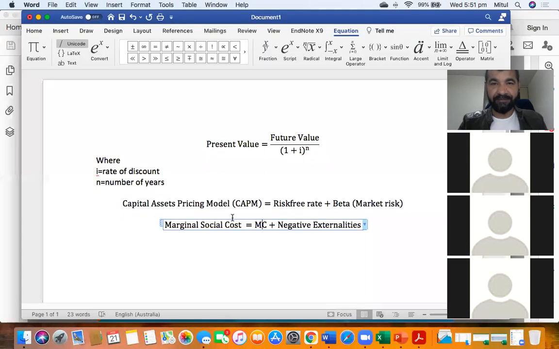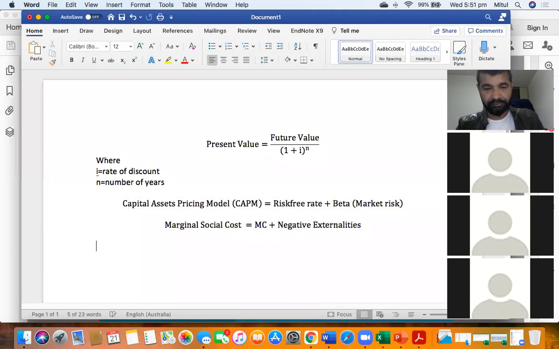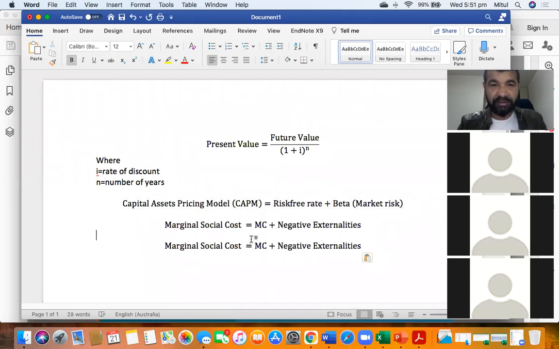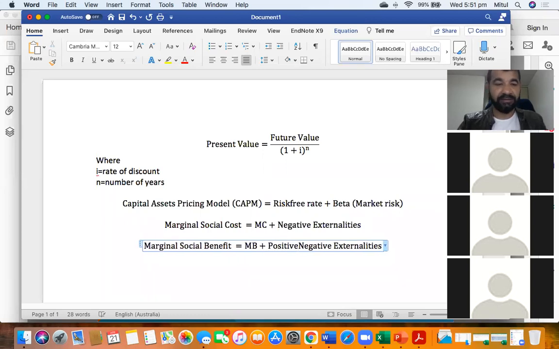At the same time, marginal social benefit is equal to marginal private benefit plus positive externality.